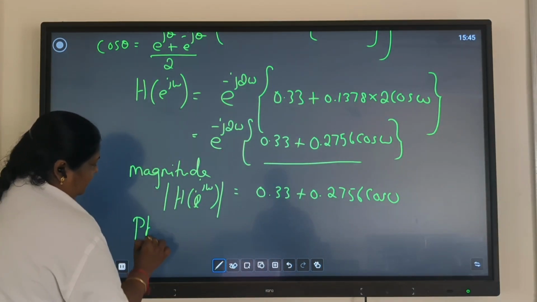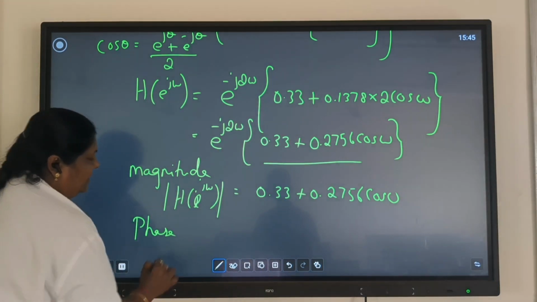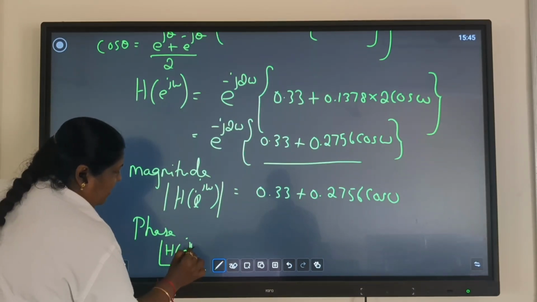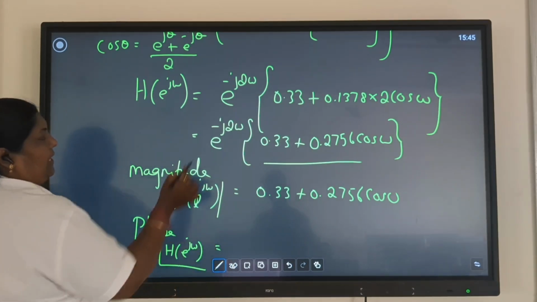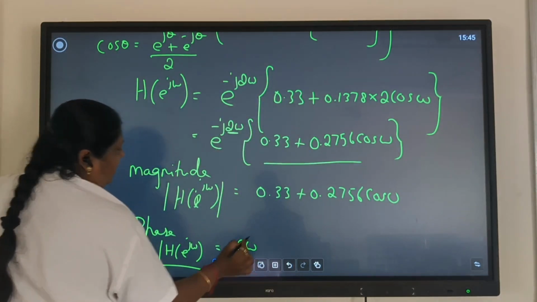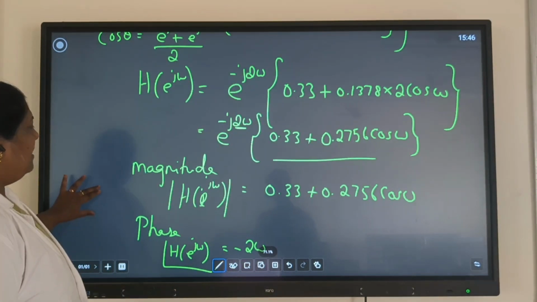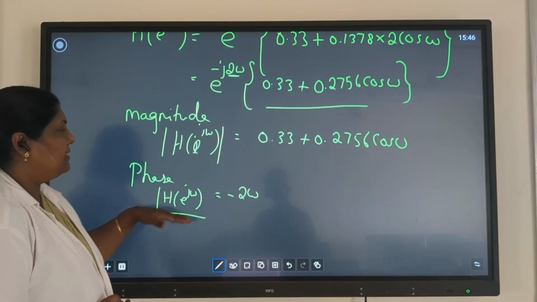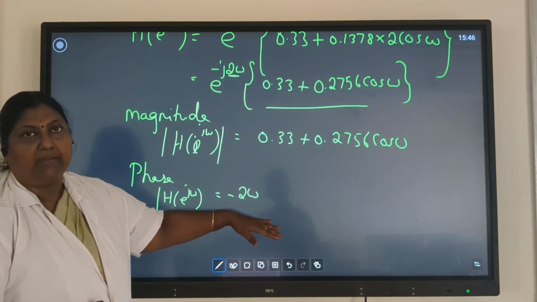My phase angle, angle H of e power j omega, will be equal to the term which is there, minus 2 omega. So this is the magnitude of your FIR filter, and this is the phase of your FIR filter.